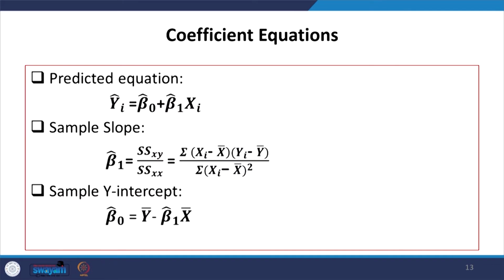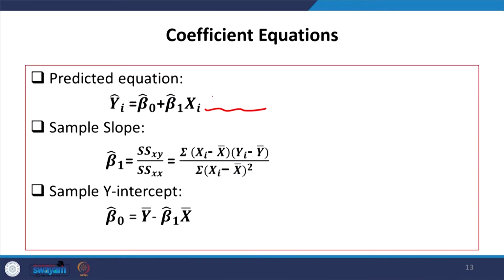Next is the coefficient equations. What do we mean by this? First is the estimated value of the error term, which is missing here because the expected value of u i minus u bar is equal to 0, or you can say epsilon i minus epsilon bar is equal to 0, because of the assumption.